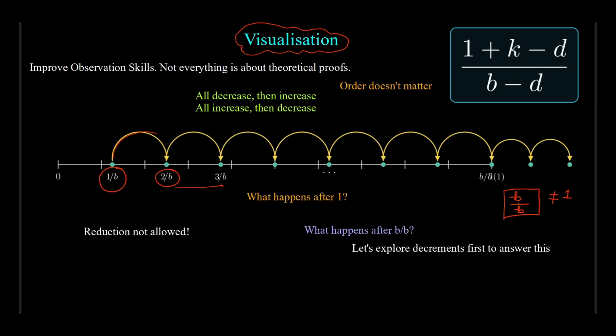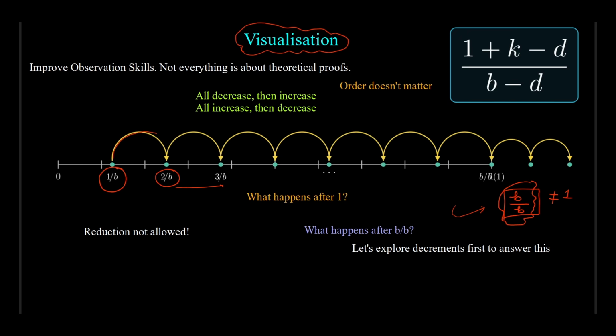So what will our strategy be if we start at b upon b, or if we reach b upon b after some set of operations? It might be difficult to see what our strategy will be, so we'll come back to this problem after visualizing what happens when we try the decrease operations first, right?